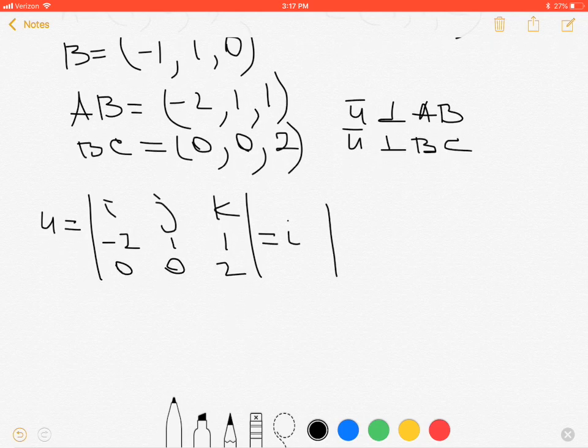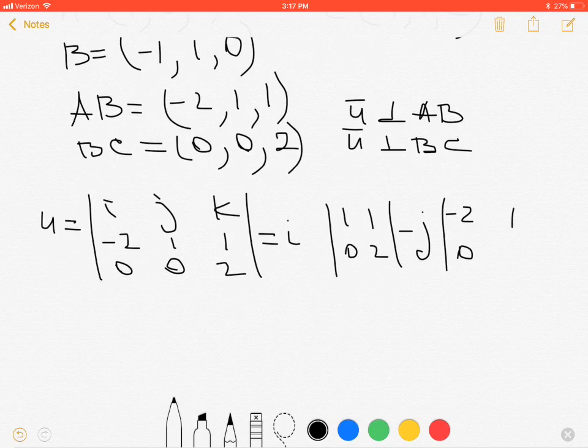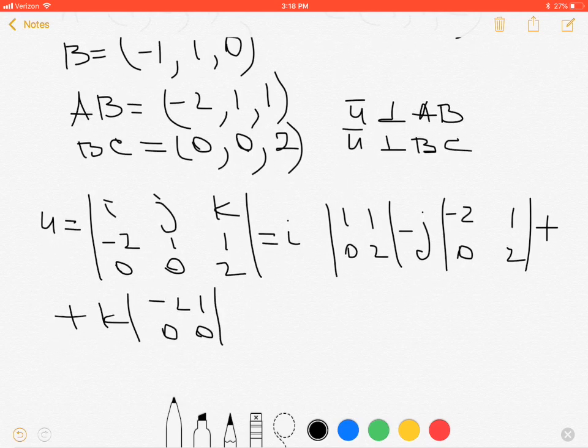I times (1, 0, 2), minus J times (-2, 1, 0, 2), and plus K times (-2, 1, 0, 0).